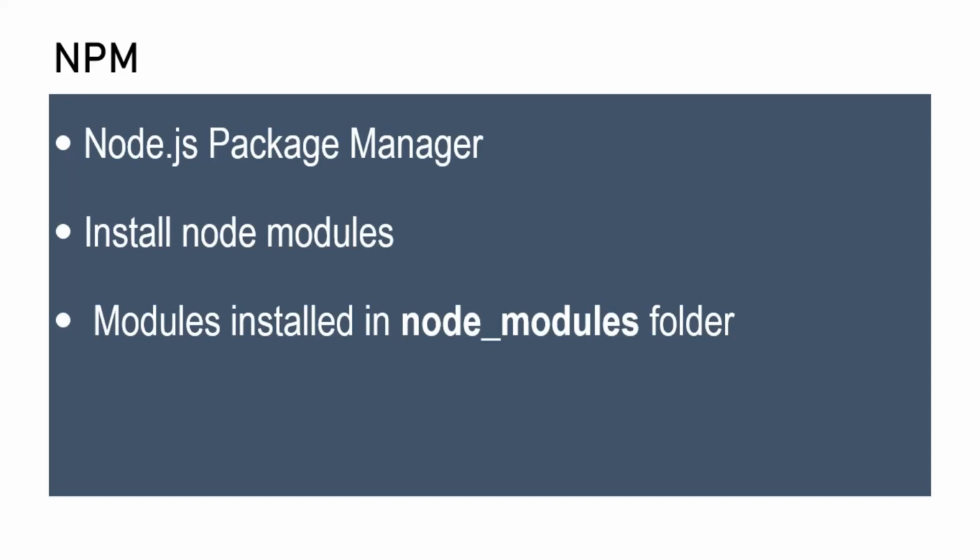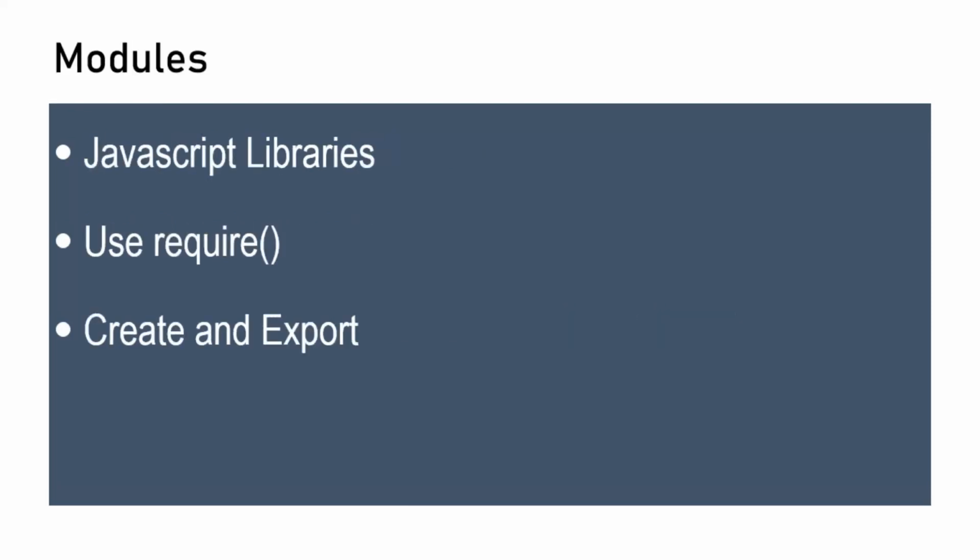All these node modules are installed and saved in your node_modules folder. These modules are complete JavaScript libraries to do some JavaScript operations. You have to use the require method to import a particular module from node_modules into your particular project file. Then only you can use the functionality of the module.